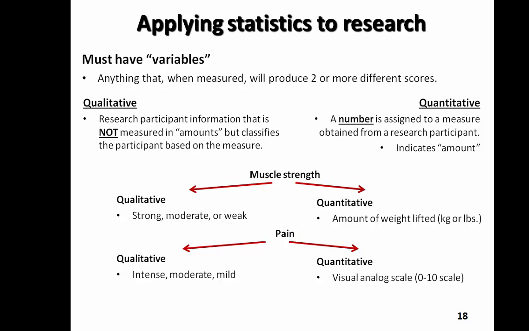So a research participant that is evaluated for muscle strength or pain would be categorized to one and only one of these categories. And so although these examples only use 3 categories, some studies can only use 2 or could use more. So this ends our third and final part of our Unit 2 lecture.